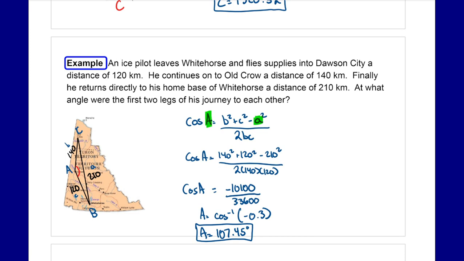Cosine law has two specific criteria, either that sandwiched angle or all three sides. If you don't have those, then chances are you have to use sine law. And if you don't even have enough information for sine law, then there's just not enough information. But again, just make sure you label everything clearly in your triangle so that you're clear about where your information goes.